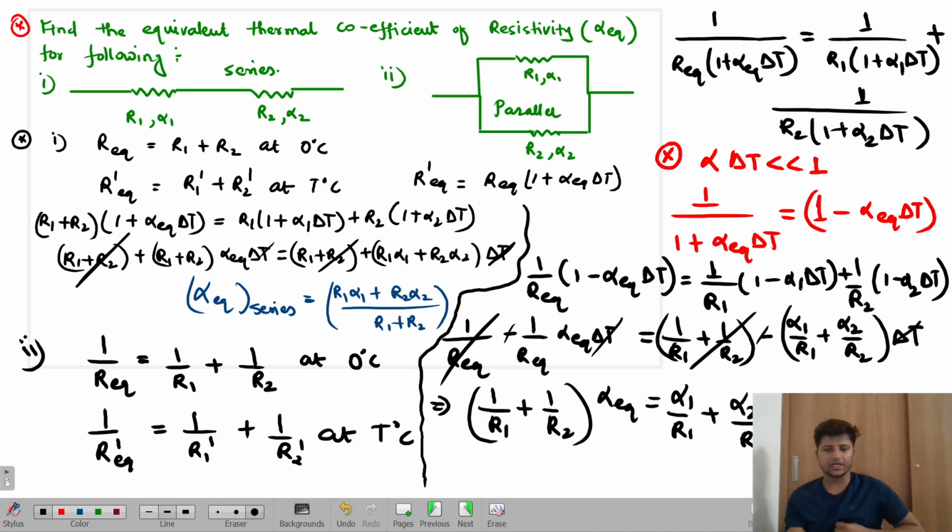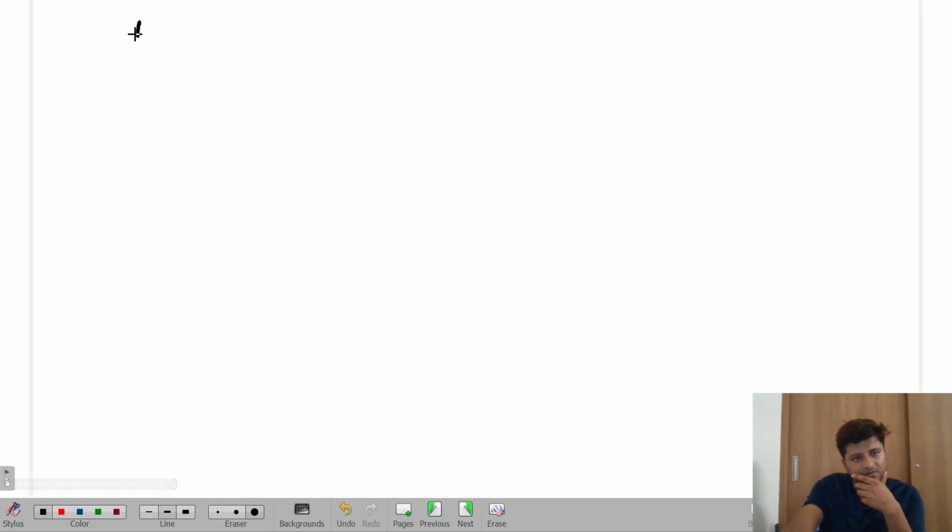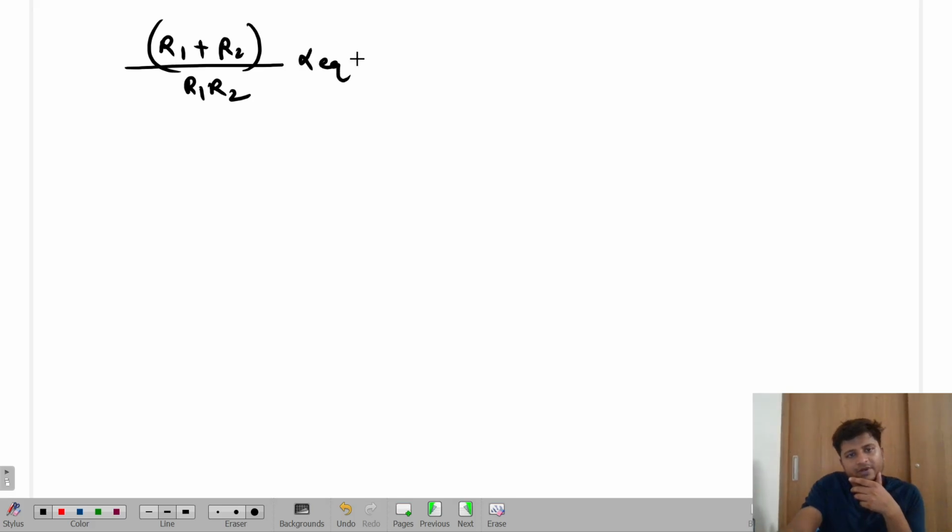You can still convert it as you can see, but I'm not left with any space. I'll write it over here. So I have the equation 1 by R1. So I can take it as LCM R1 R2, R1 plus R2 into alpha equivalent is equal to alpha 1.